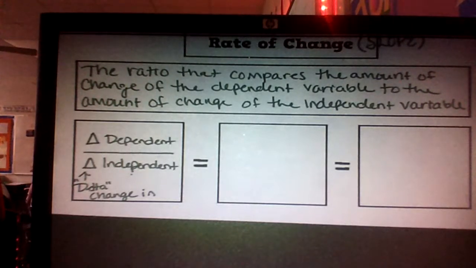Again, that stands for delta, which means change in. They use a lot of Greek symbols in math. You have to be able to decipher what that Greek symbol means.